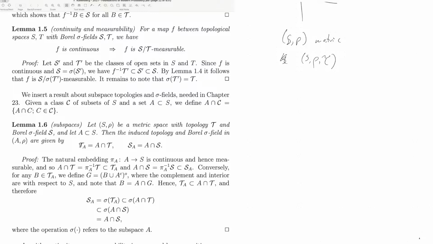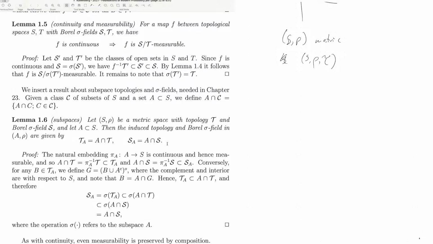I don't know, this is standard stuff. I don't particularly care about the subspace topology or sigma field. Why would this even be hard, though? T sub A is equal. It seems like the subspace topology. See, I almost think that's the definition.